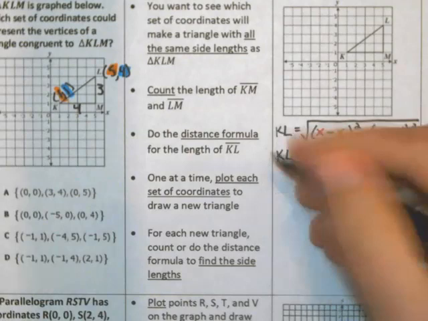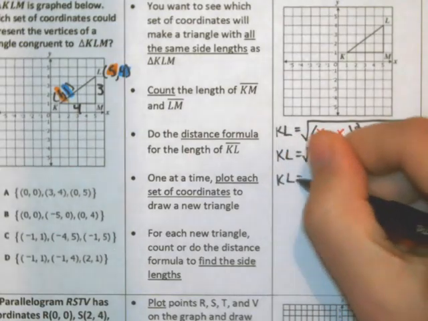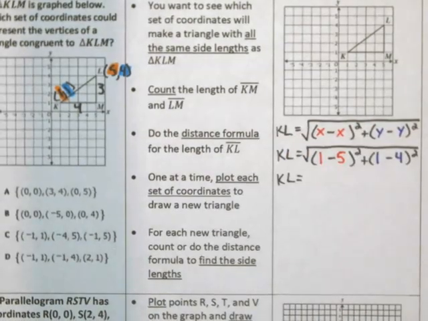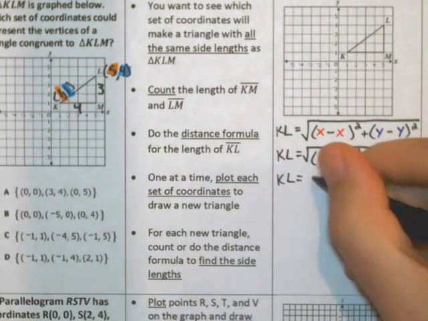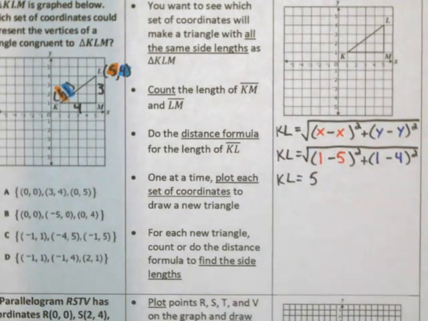Now, to make sure we don't take too long with this problem, I'm going to do all the simplifying on my calculator. You guys can use Desmos. And what you should end up getting is that KL equals 5.